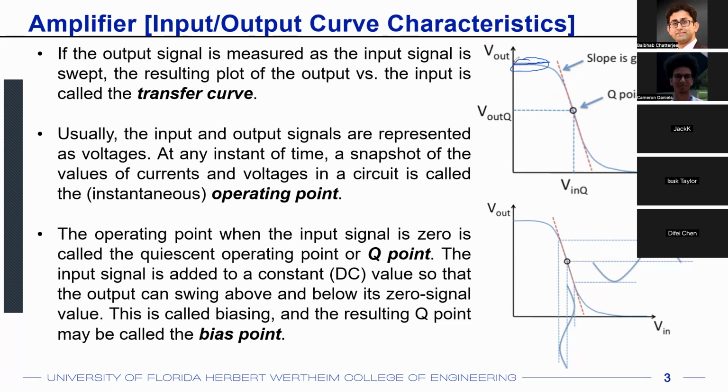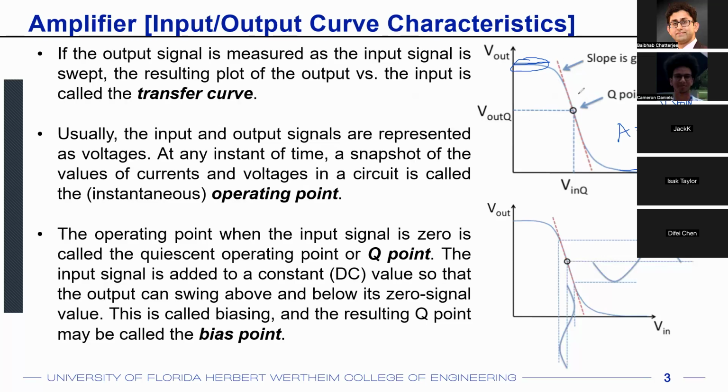Output voltage is constant. Here also output voltage is constant. So let's write that down: dV out over dV in, that's basically your slope, right? And that slope is your gain. Let's call it gain A, because this is voltage right now, V out over V in. So that is your gain A, and that is going to be your slope.